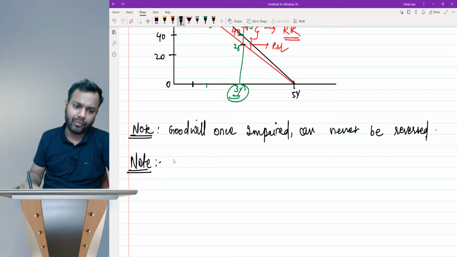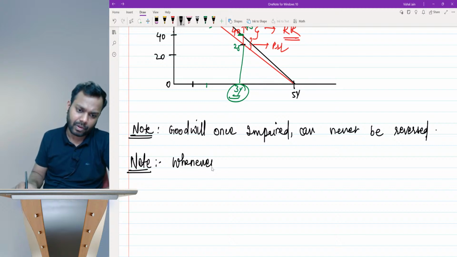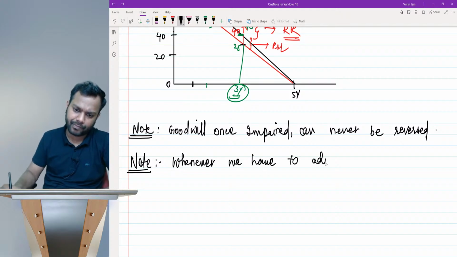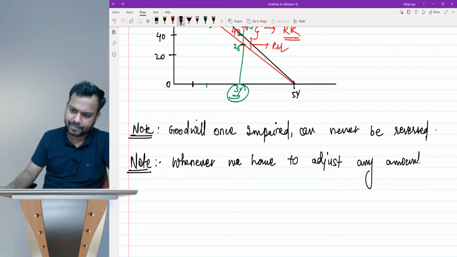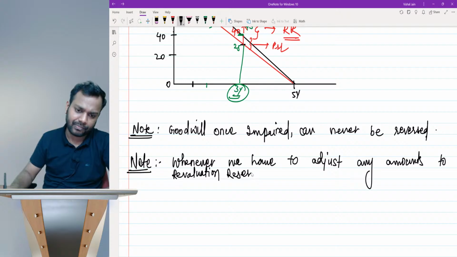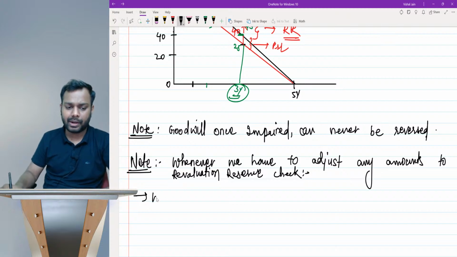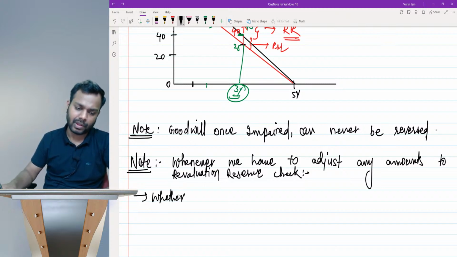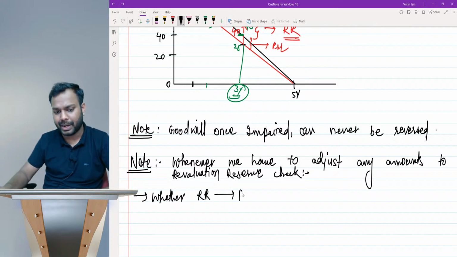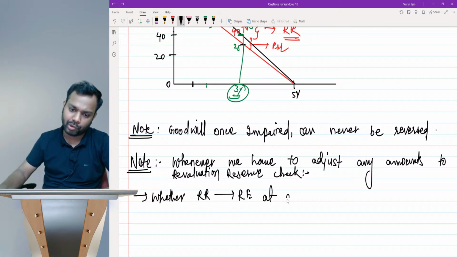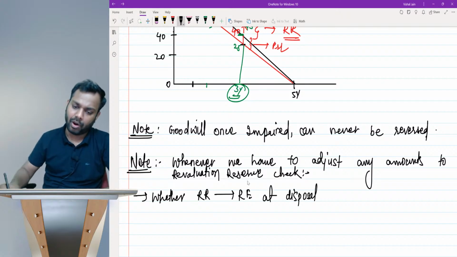Whenever we have to adjust any amounts to revaluation reserve, check first whether revaluation reserve is transferred to retained earnings at disposal or every year.